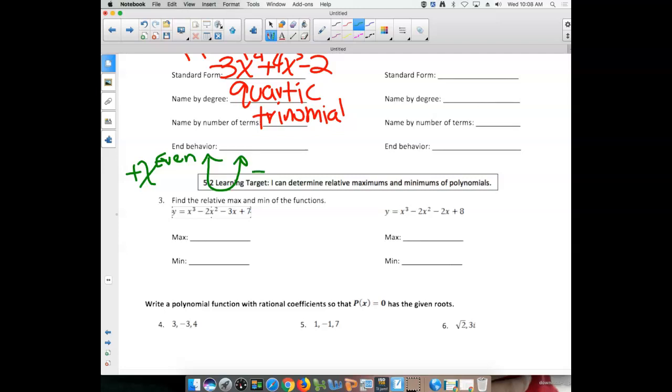If I have a negative and an even, I have an upside down U.